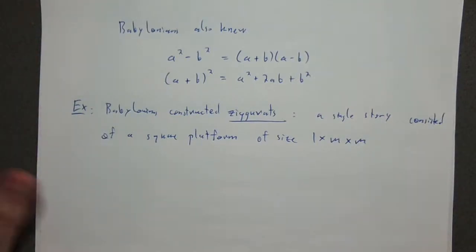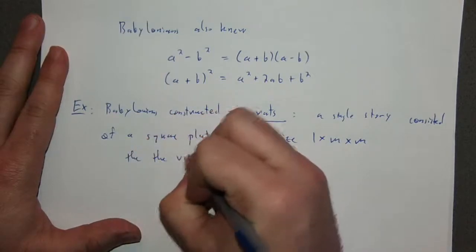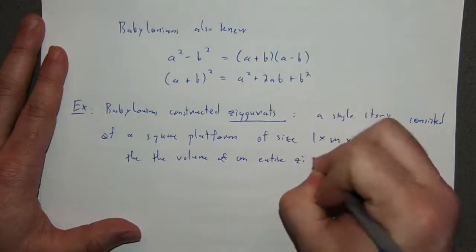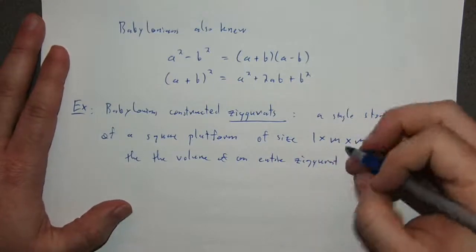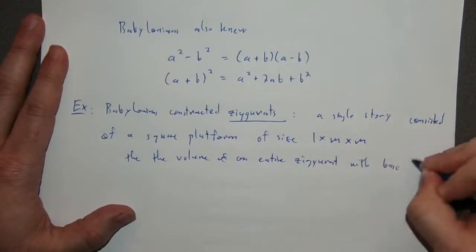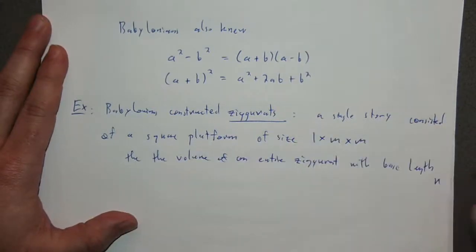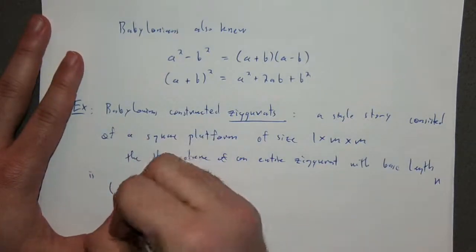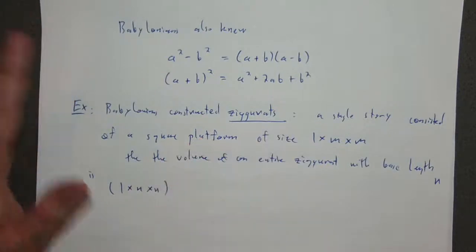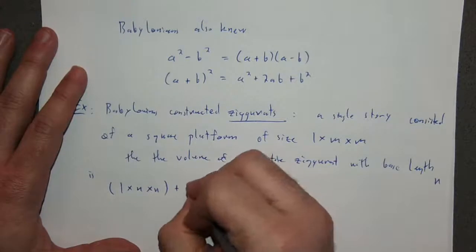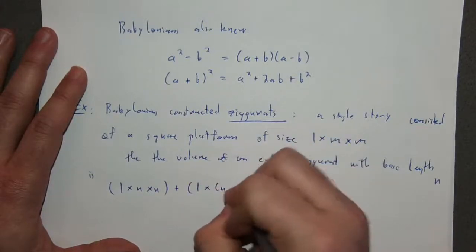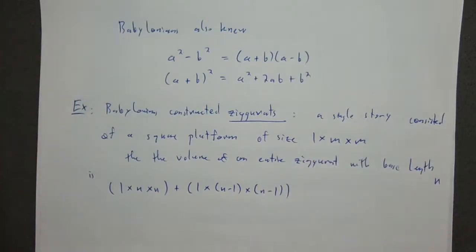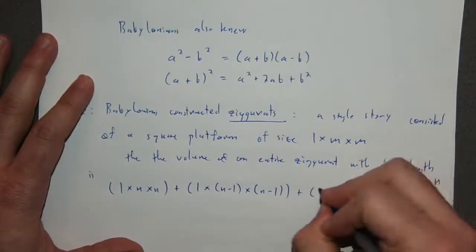Then the volume of an entire ziggurat with base length, say n, is 1 by n by n, plus 1 by (n minus 1) by (n minus 1), if we're tapering off 1 at a time here. Okay, and so on, all the way down.